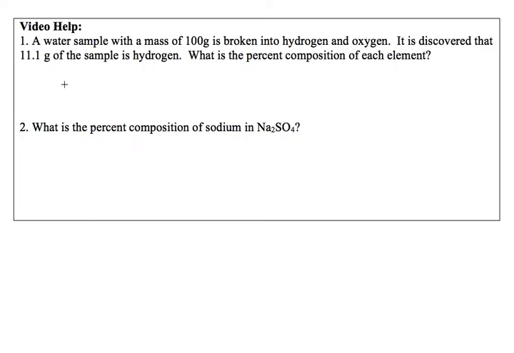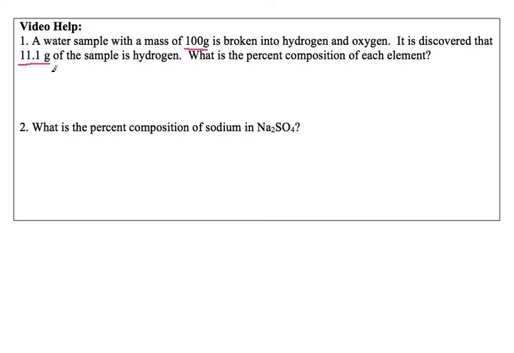So for the first one, I actually give you masses, which is very nice of me because I can give you mass, or I could just give you a formula and ask you to calculate percent composition. So in this problem, I tell you that water has a mass of 100 grams. It's going to be broken up into hydrogen and oxygen, so what you discover is that the mass of just hydrogen is 11.1 grams.